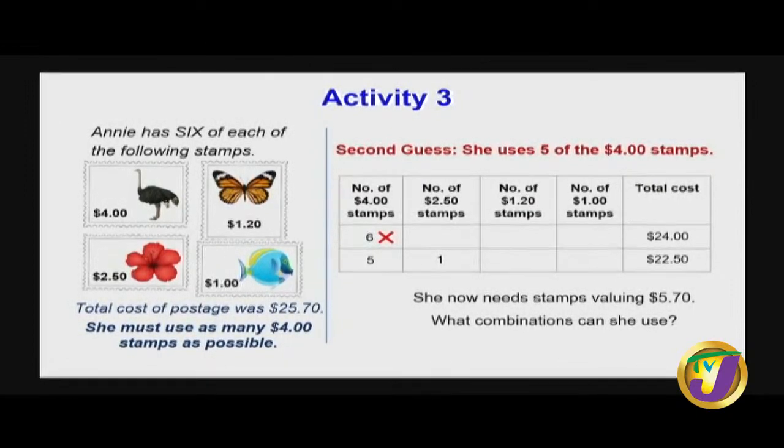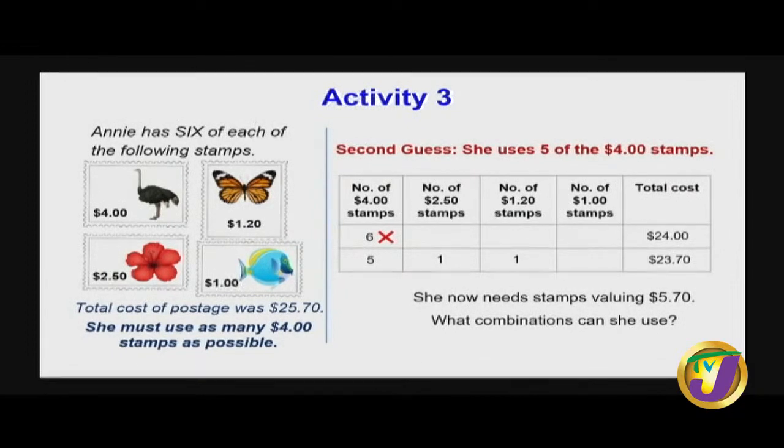We needed that 50 cents and that 20 cents to come together to make 70 cents. Makes sense. Now our total is $22.50, so we need a $1.20 stamp. We need that 20 cents. So let's guess a $1.20 stamp and see what's happening with our total. We're up to $23.70.